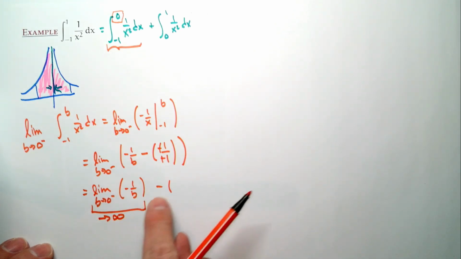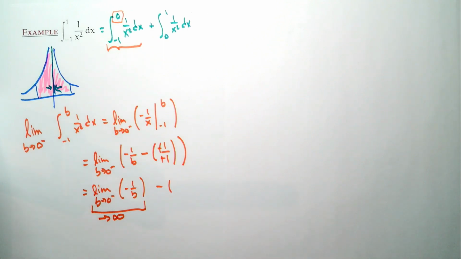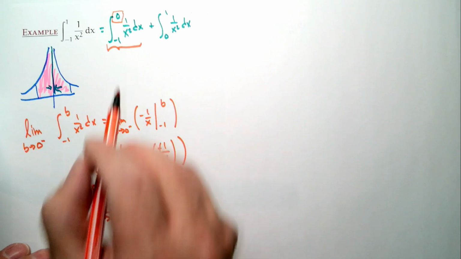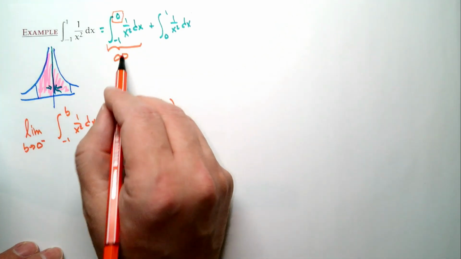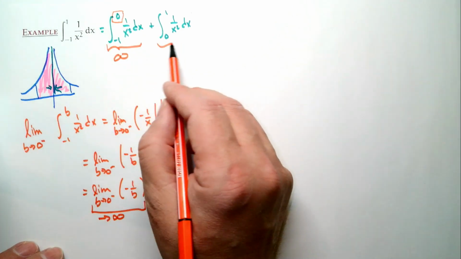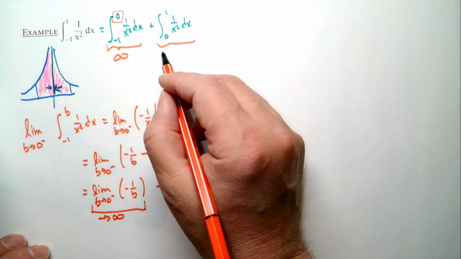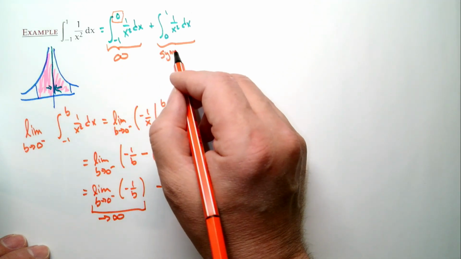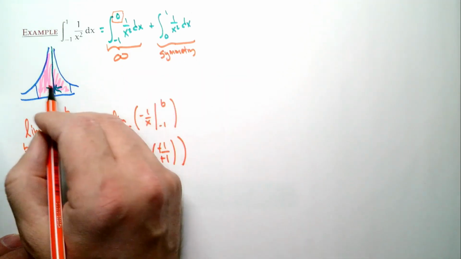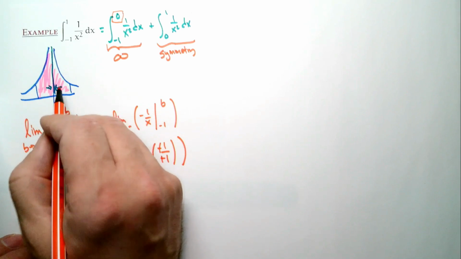Now, infinity minus 1, well, hard to recover from that infinity. So that says that this piece is really heading off to infinity. Now this piece, well, we could repeat the process, or we could say a couple of things. One thing we could say is there's symmetry. So whatever happens over here, it has to happen over there.